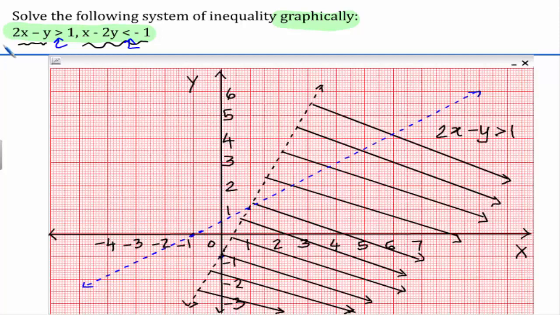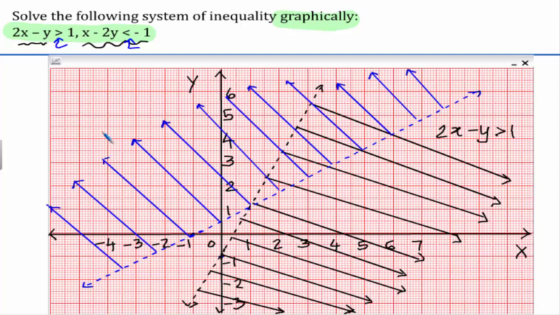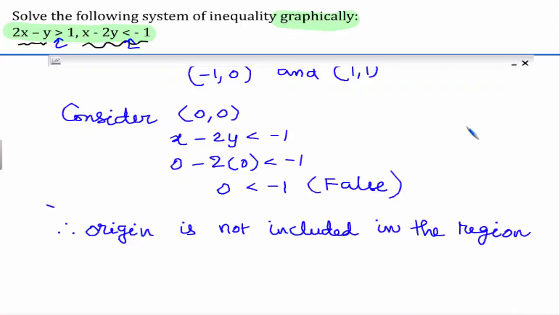So we have to draw the region which is opposite to the origin. This way we need to draw. Now this is the region for the inequality x minus 2y less than minus 1. Now you can see there is a common region which is the solution for both inequalities.